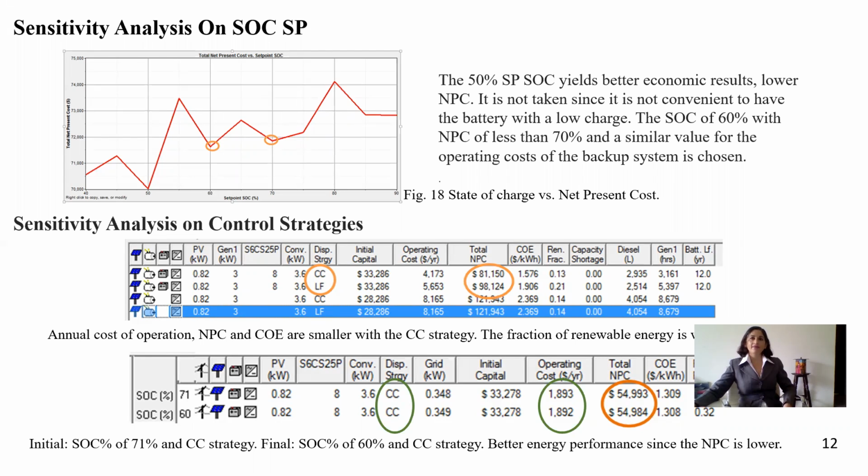As we can see in the upper table, the strategy chosen is the cycle charge. In the lower table, we can see that the state of charge of 60% has a lower NPC than the one at 71%, the actual value, and a similar value for the operating cost of the system.